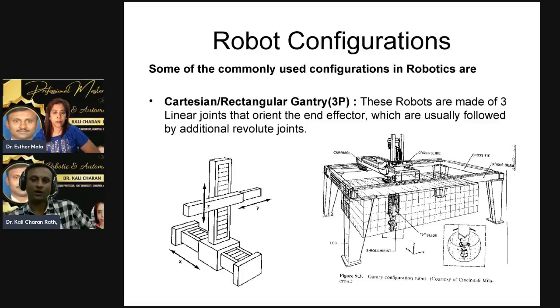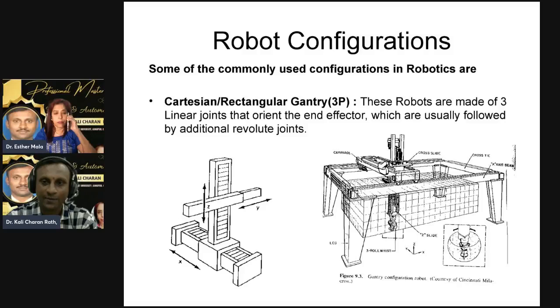This robot is used in industry within a rectangular volume, for transportation of material from one position to another. Within that volume only can it operate, so the robot has to be designed accordingly.